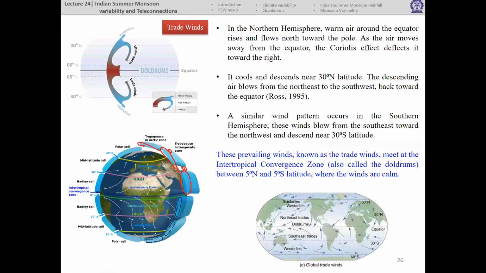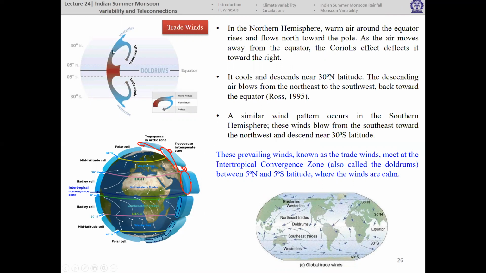So when we were discussing the different cells, we were discussing the prevailing wind or planetary wind. We have discussed the trade wind. In the northern hemisphere, the warmer air around the equator rises and flows north toward the pole.